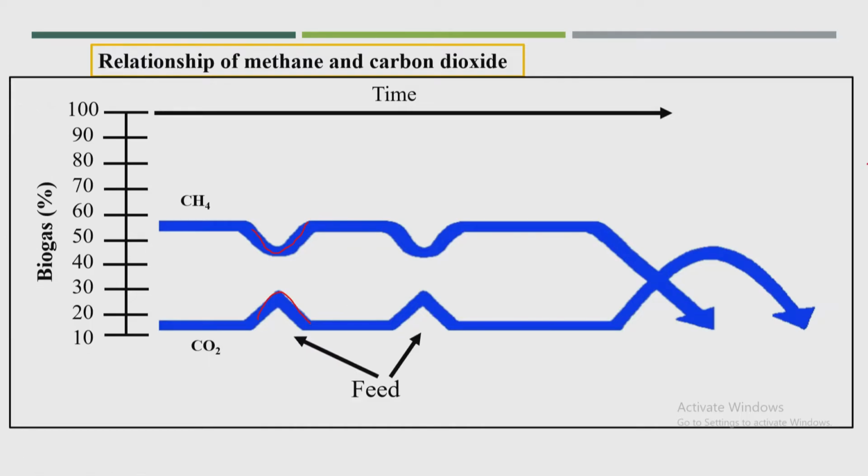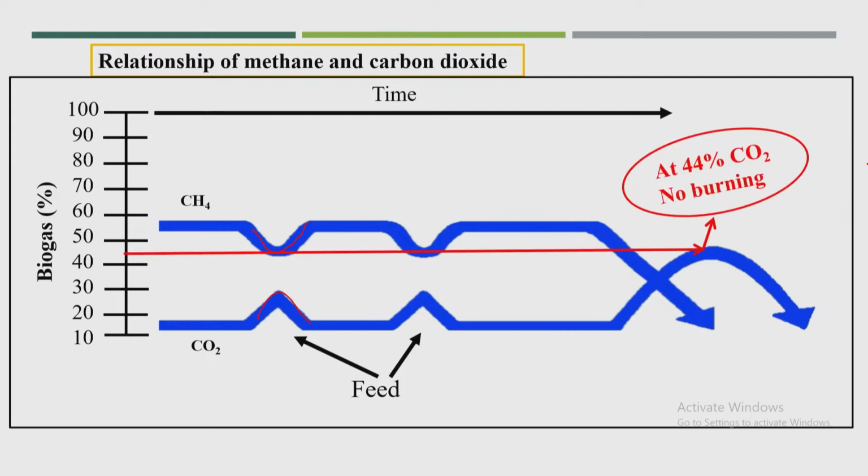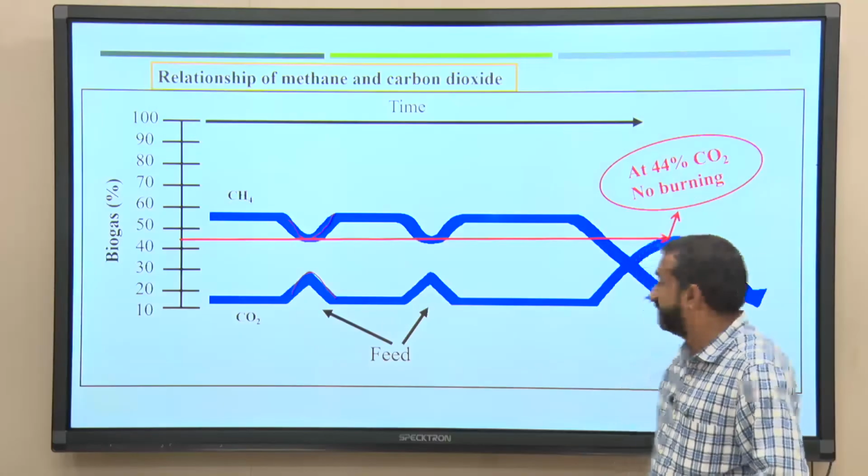Time to time we feed the unit with fresh organic matter. So these things are possible, and at a particular time it is possible that the carbon dioxide percentage will be more if proper anaerobic conditions are not achieved.